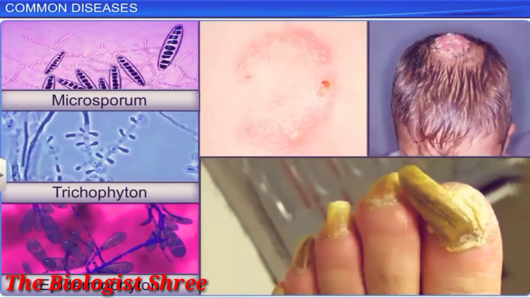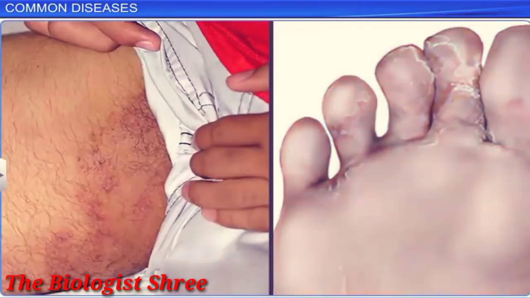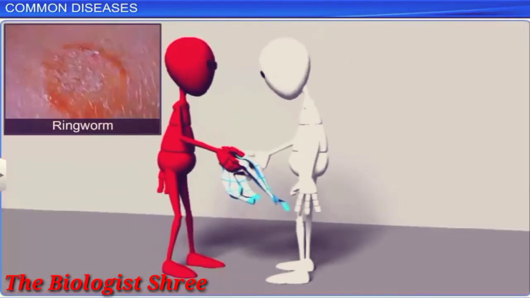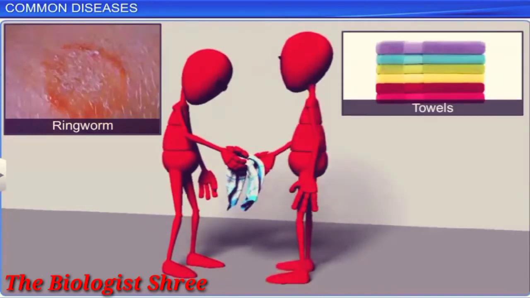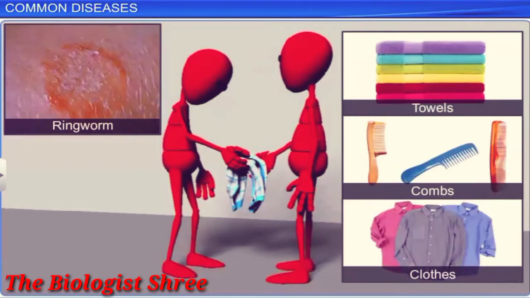These lesions also cause intense itching. They thrive in skin folds like the groin or between the toes, as fungi thrive in heat and moisture. Ringworms can be transmitted to healthy individuals by sharing towels, combs, and clothes of an infected person.